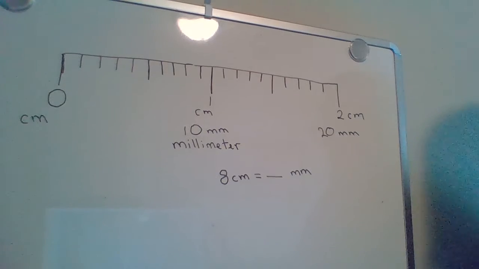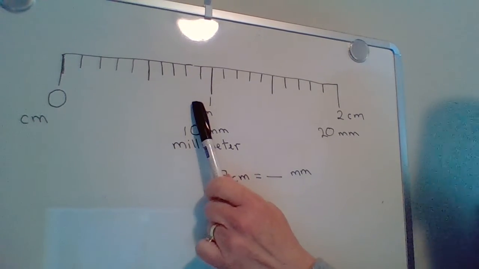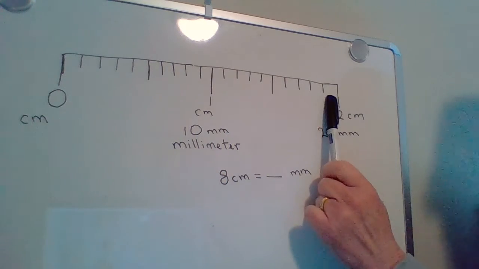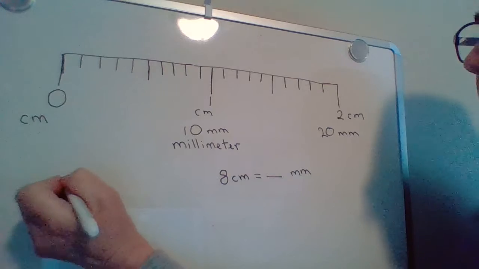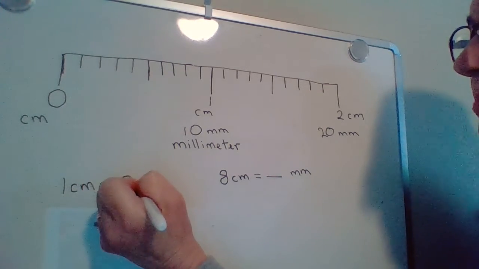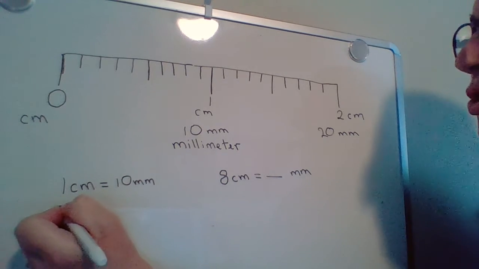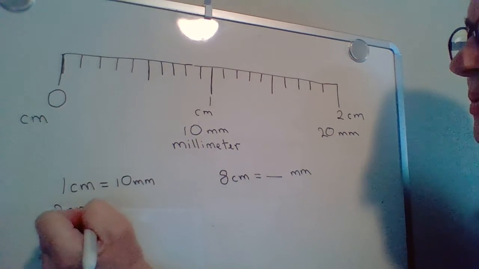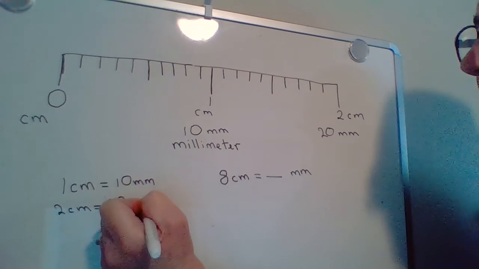And did you notice there's a pattern, isn't there? Because this one was 10 spaces, and this was another 10 spaces. So 1 centimeter equals 10 millimeters. 2 centimeters equals 20 millimeters.